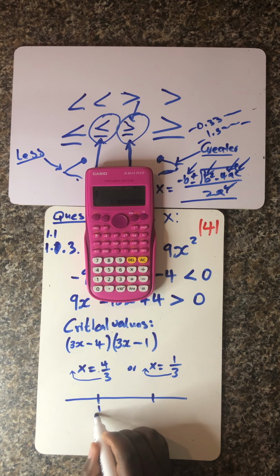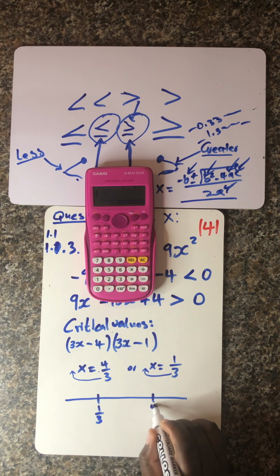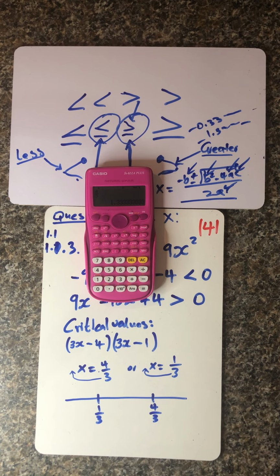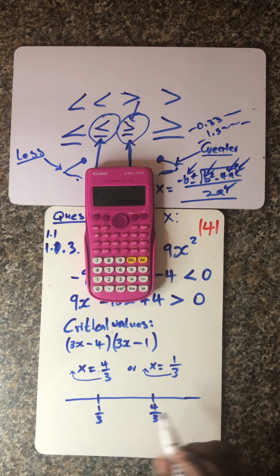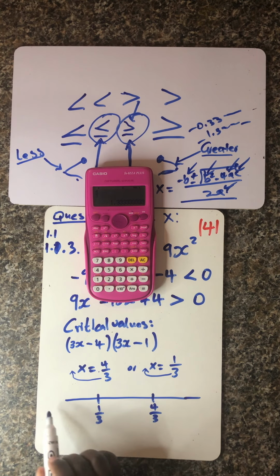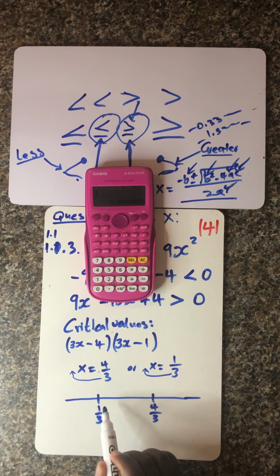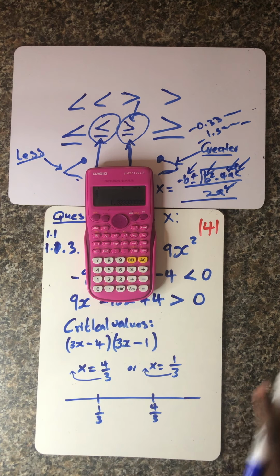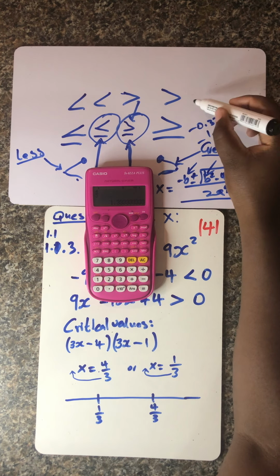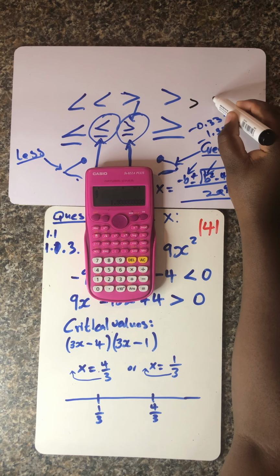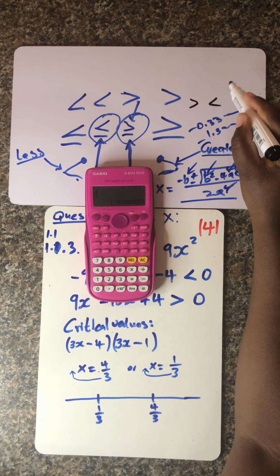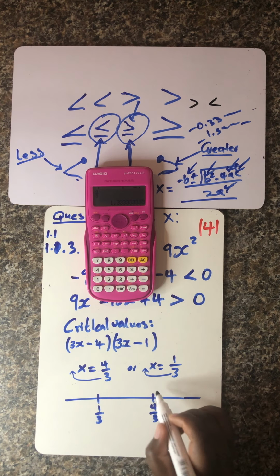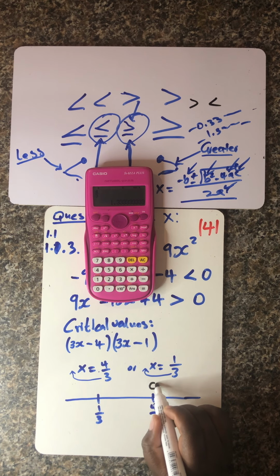That's why you start with the smaller number there, followed by the bigger number there, because with the number line you have, from that side, -1, negative whatever, then 0, 1, 2, 3, 4, 5. So the numbers increase from the left to the right. Very, very important, ladies and gentlemen. Because you're dealing with inequalities, if you have less than or greater than, on the number line you represent it by a circle.